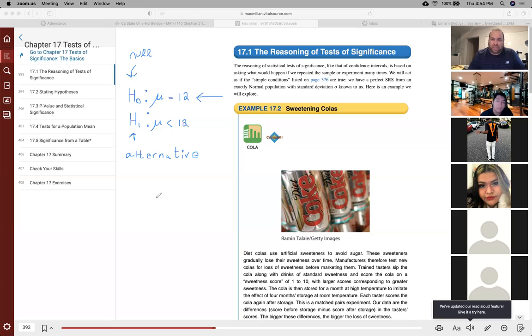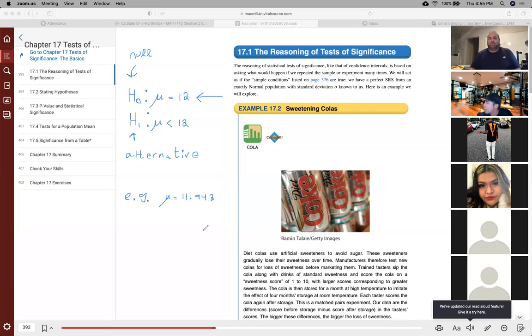So what you do is you take a sample and you compute your mean from the sample, and you base your decision on whether you will reject the null hypothesis or you will not reject the null hypothesis, right? So suppose, for example, that you take a sample and your mean is equal to 11.942.